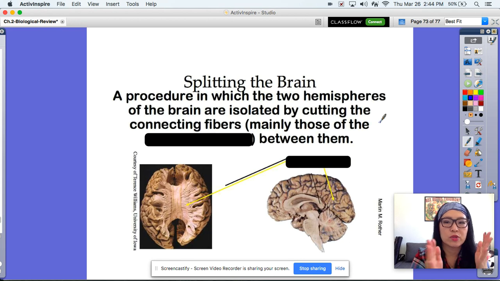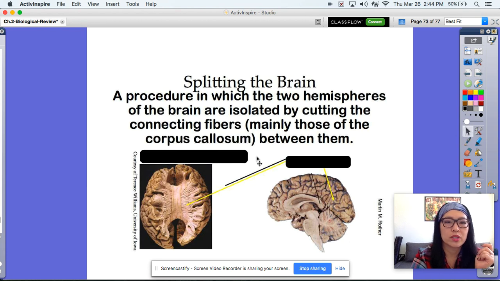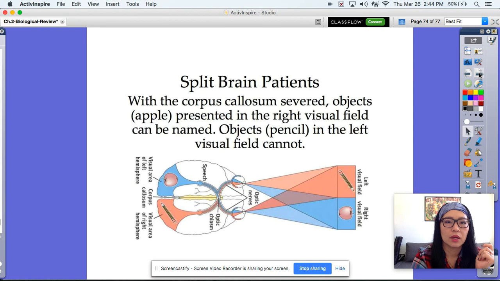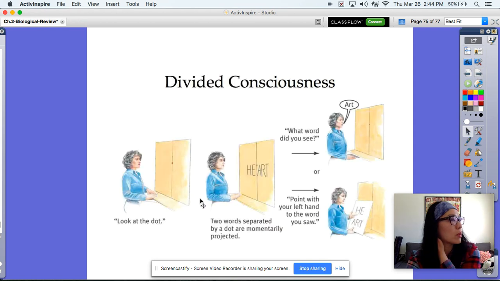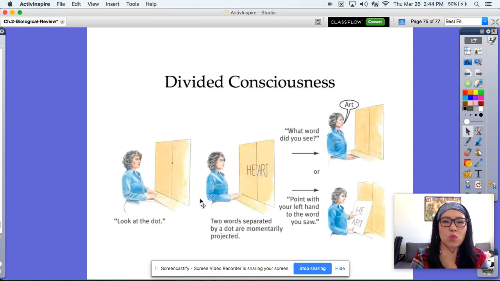Okay, so then when you split your brain in half, we are essentially cutting the corpus callosum. Remember, we had the split brain patients, and so remember, the left hemisphere is the one that can actually speak, whereas the right hemisphere can do the pointing.